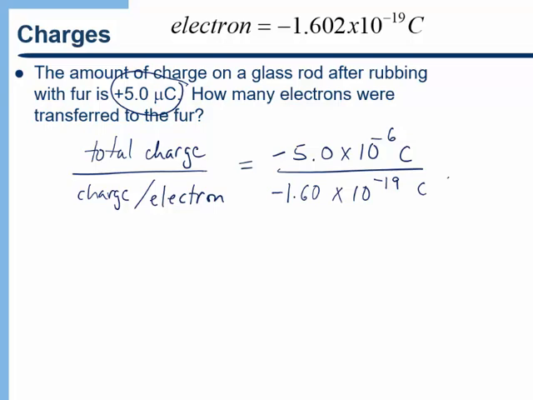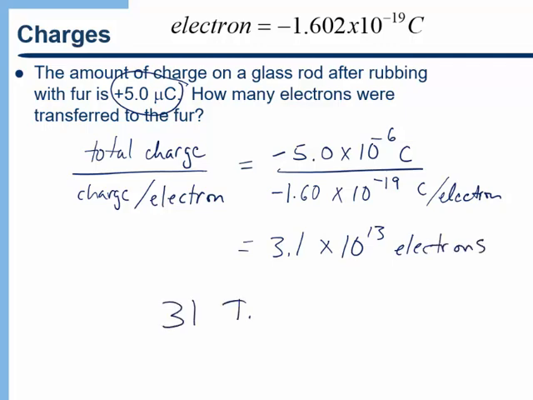So that's coulombs per electron. And what you get is about 3.1 times 10 to the 13th electrons. Notice that that's 31 trillion electrons.